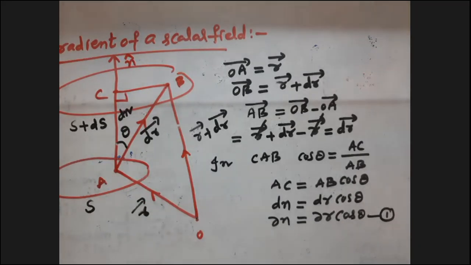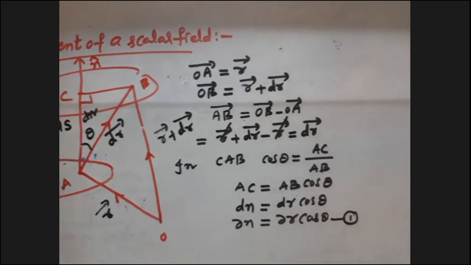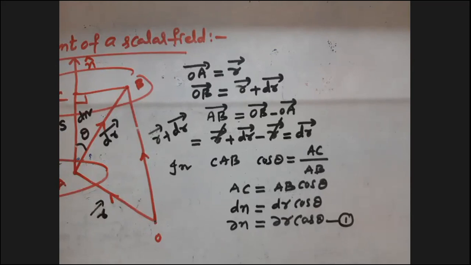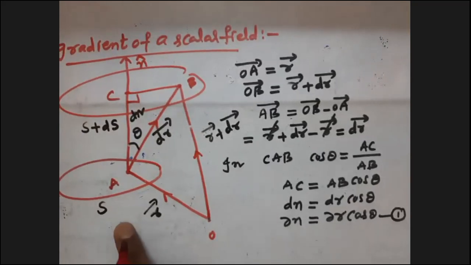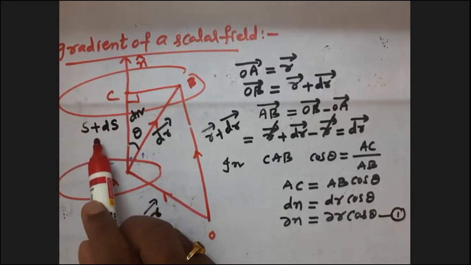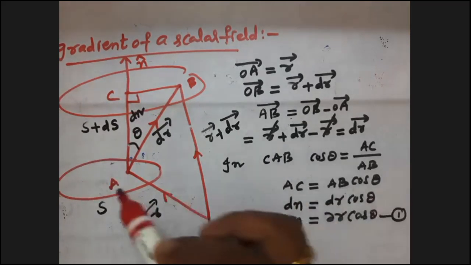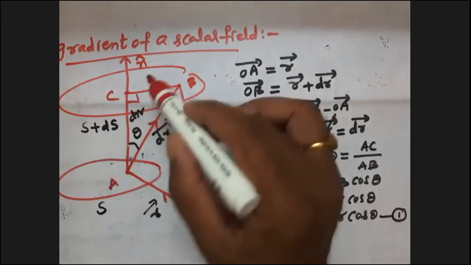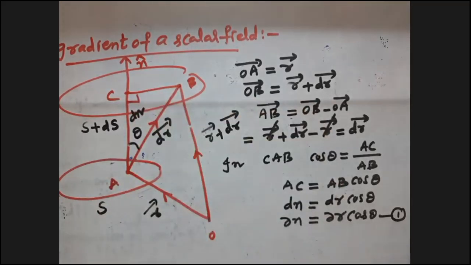Now I am writing the rate of increase. On the surface S1, what is the value of scalar potential? S. On the surface S2, at every point, the scalar physical quantity value is S plus dS. As we move from surface S1 to S2, the scalar potential value is changing.